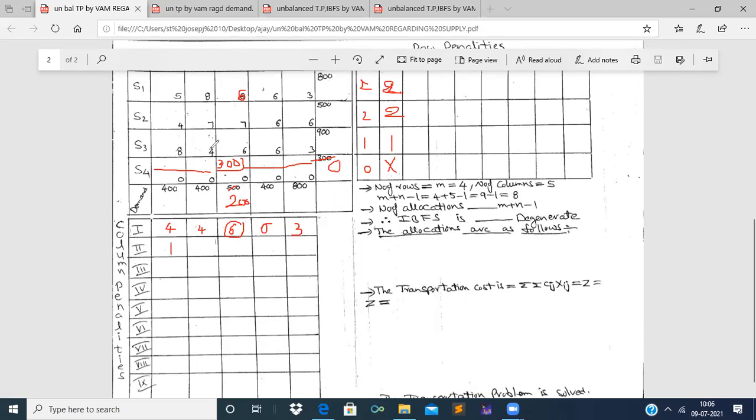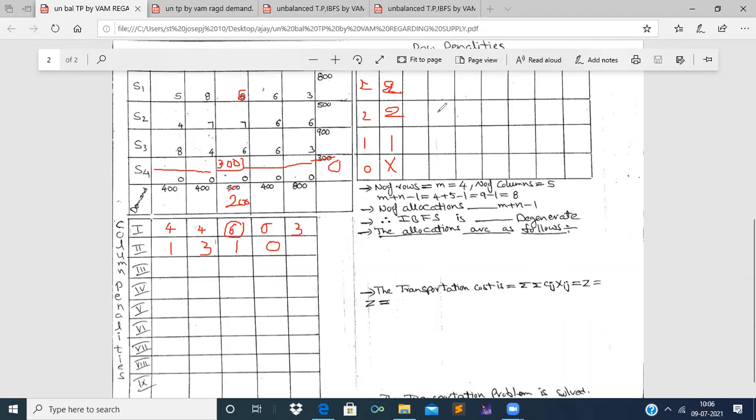Next, 7 minus 4 is 3, that means first least cost minus second least cost. 7 minus 6 is 1. And here, see here, all are 6s. 6 minus 6 is 0, right?